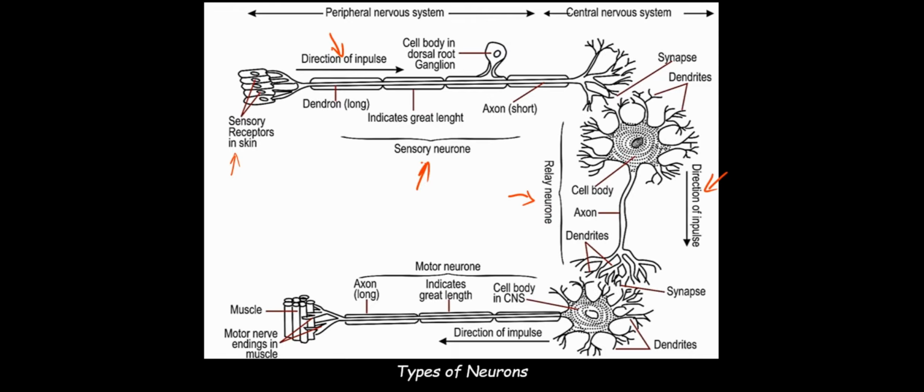Now, the next neuron we look at is the motor neuron. Another thing I want you to take note of is still the direction of impulse. We can see that the impulse is going towards the muscle, which is the effector organ. So, in other words, the motor neuron transmits impulses away from the central nervous system to the effector organ.